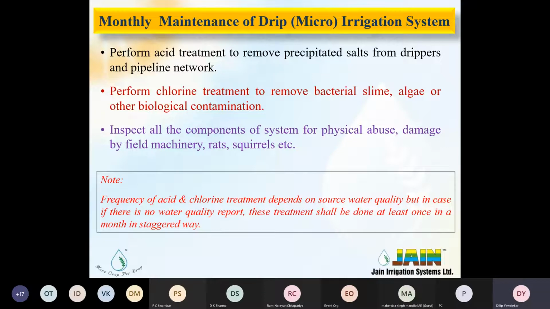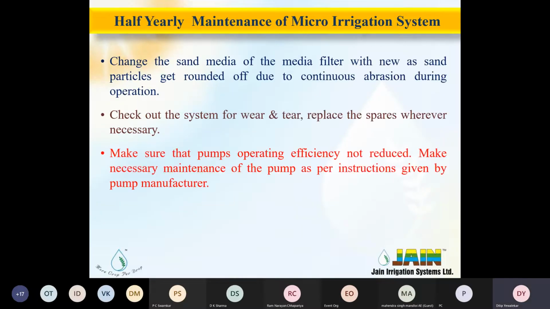We don't recommend other acids like sulfuric acid or nitric acid, which are not commonly available and are very dangerous, whereas HCl is not so harmful to humans, animals or plants. So this acid can be used. How much acid to use, I will show in the next slide.